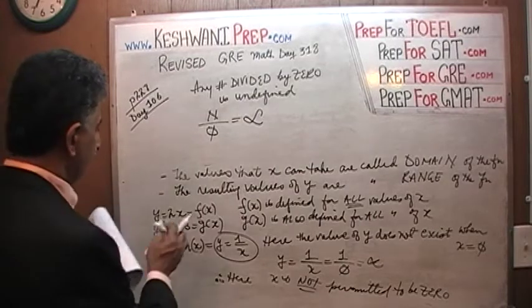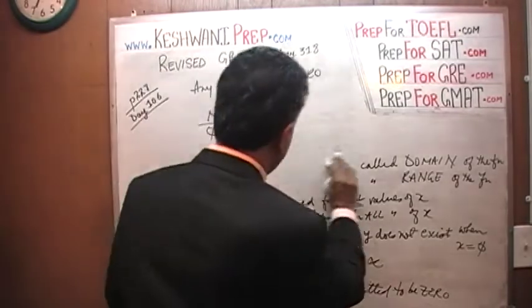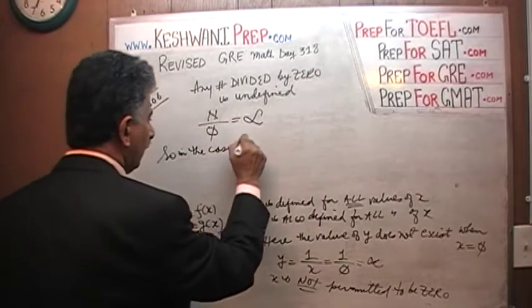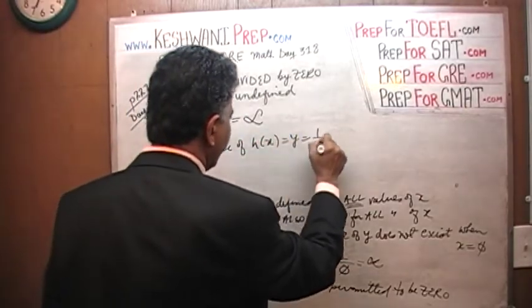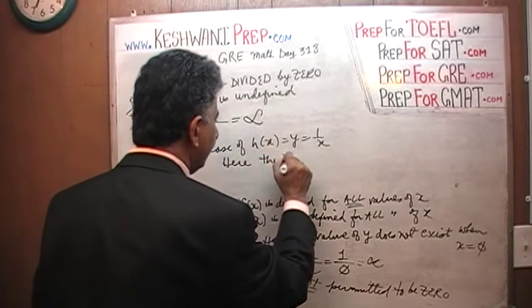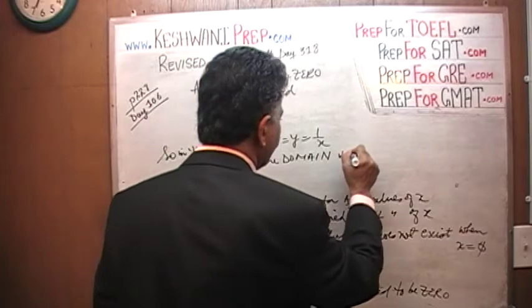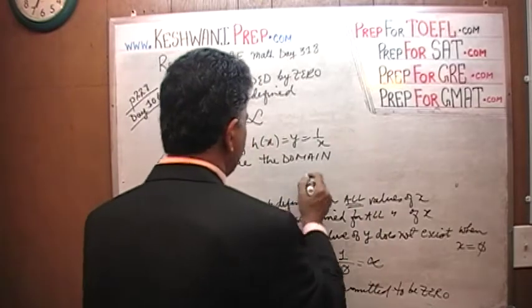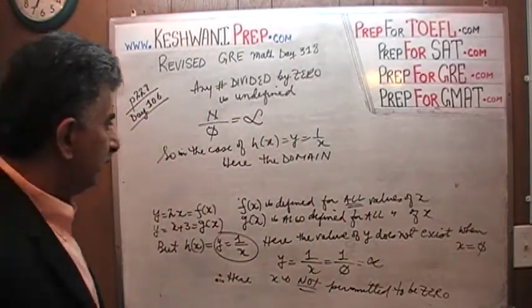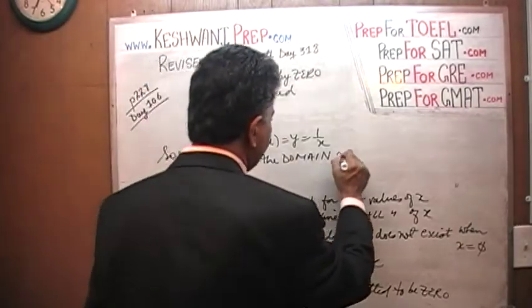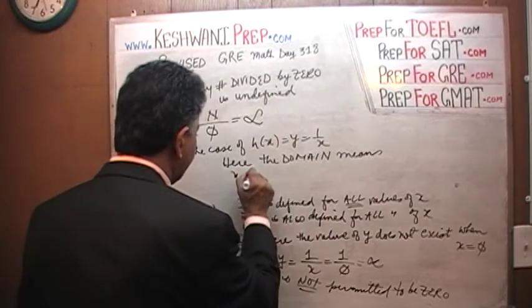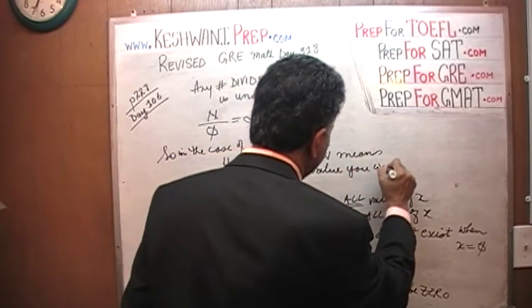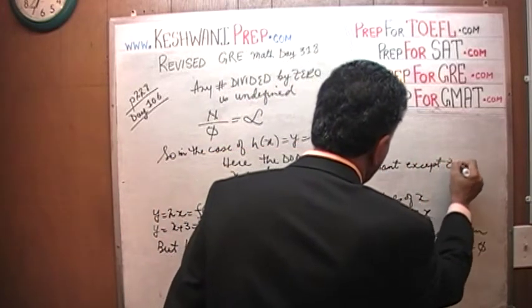So in the case of h of x, which is equal to 1 over x, if somebody asks us what is the domain, we will say x can be any value you want except 0.